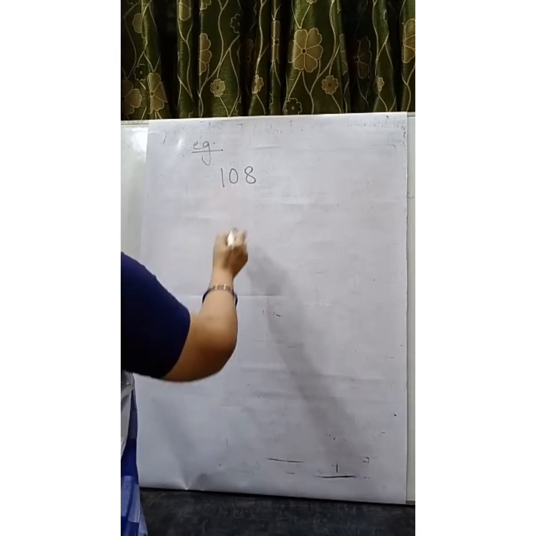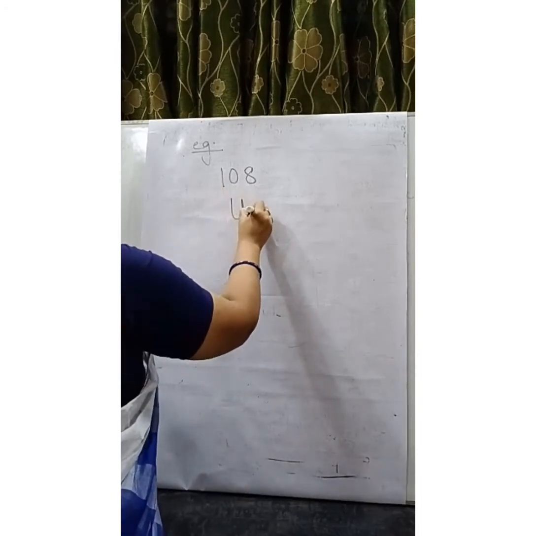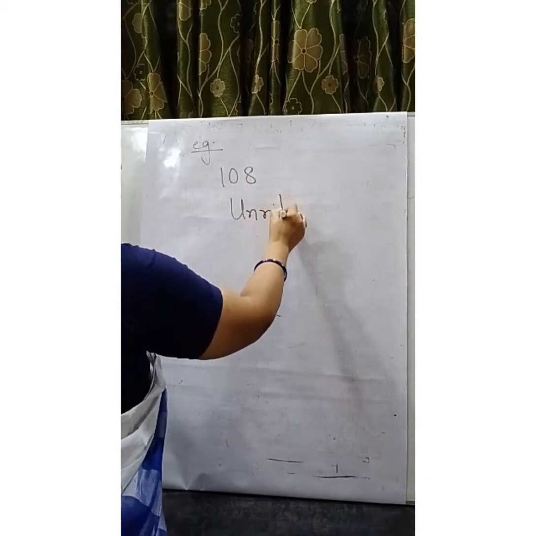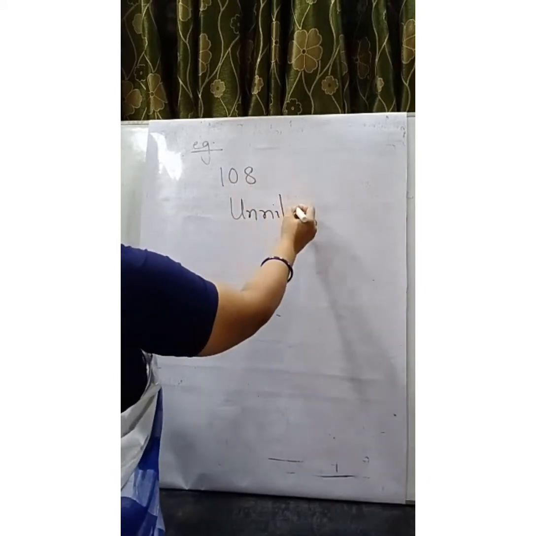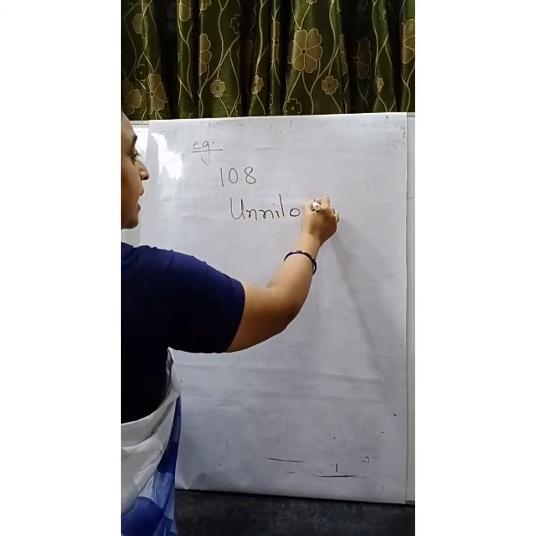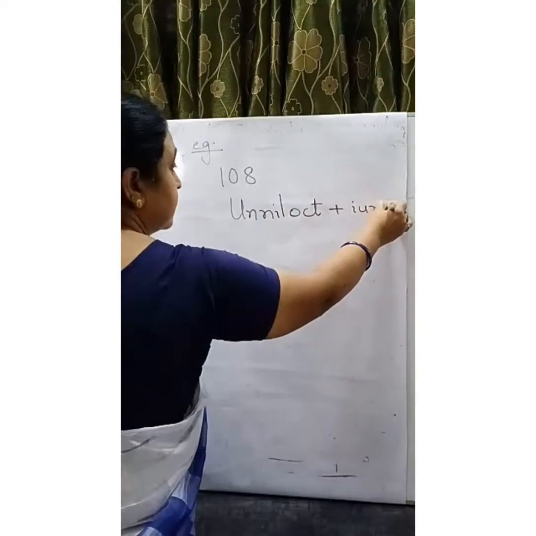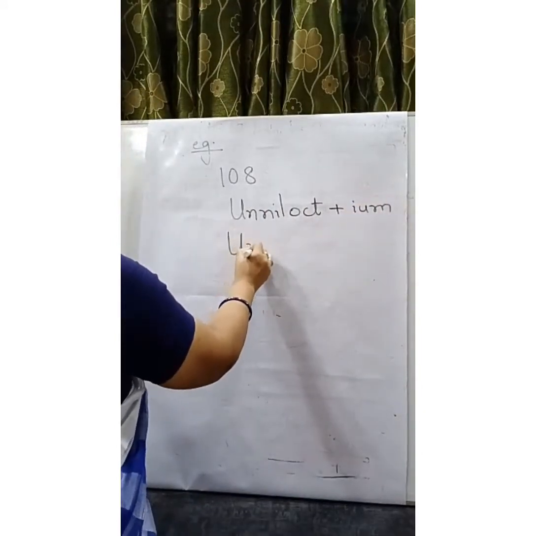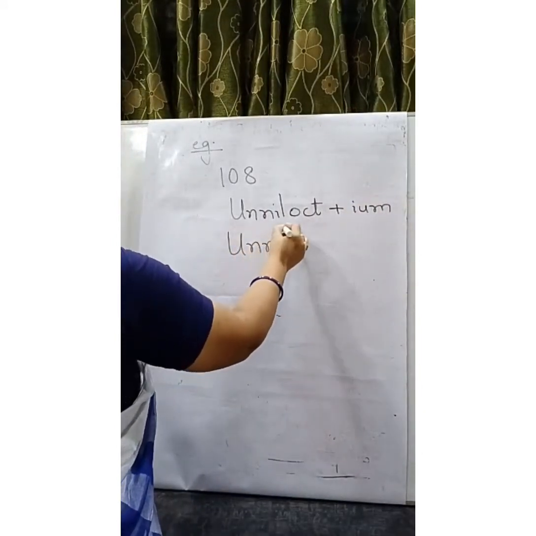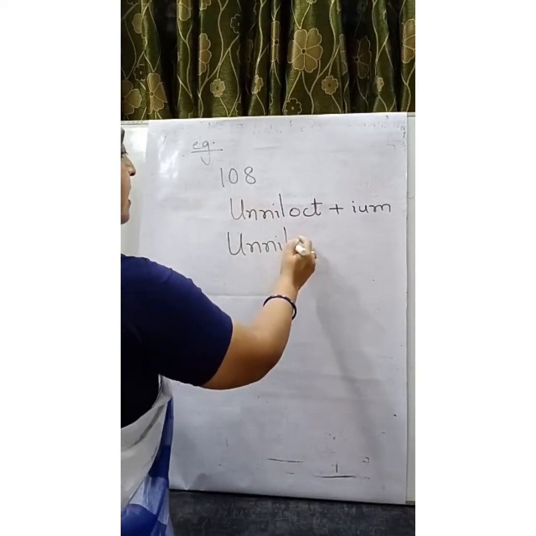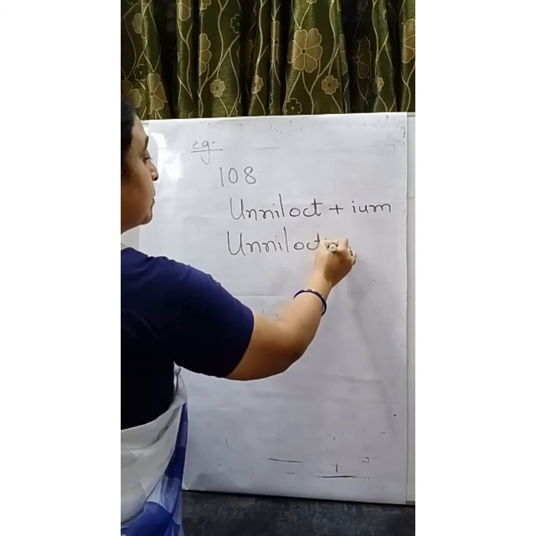First digit is 1, so un. 0 is named as nil. 8 is named as oct. This name is followed by adding ium at the end. Hence, the IUPAC name of this element with atomic number 108 is unniloctium.